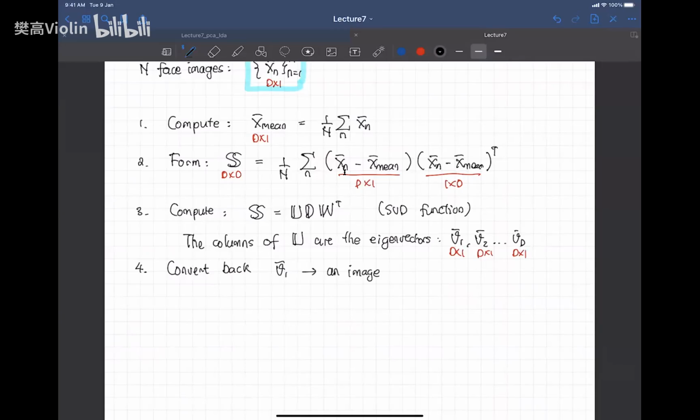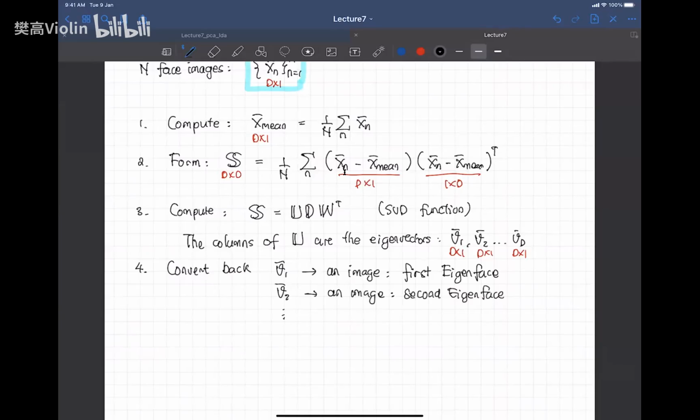This one is the first eigenface. V2 also has to be converted back into an image, and this is the second eigenface.